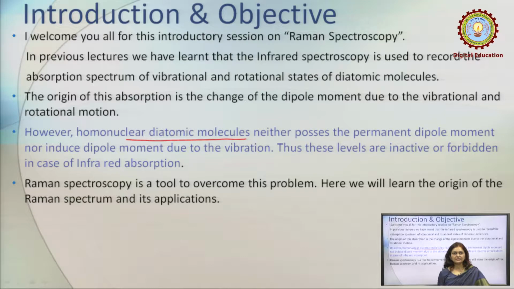Thus, these levels are inactive or forbidden in IR absorption. But Raman spectroscopy is a tool to overcome this problem. Here we will learn the origin of the Raman spectrum and its application, and how we overcome the problem of homonuclear diatomic molecules.